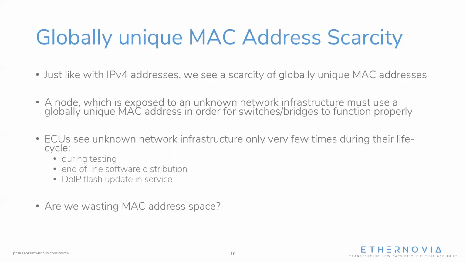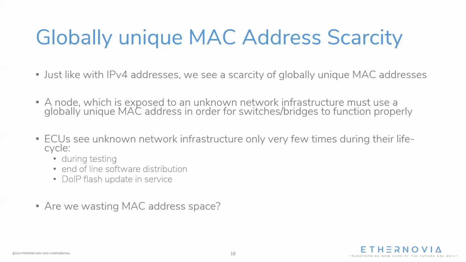There has been a change in the assignment process of these addresses. And if we consider, like I mentioned before, that we're moving to software updates over the air, then this situation of having to connect the vehicle via this cable that we saw before to an unknown network will actually reduce.